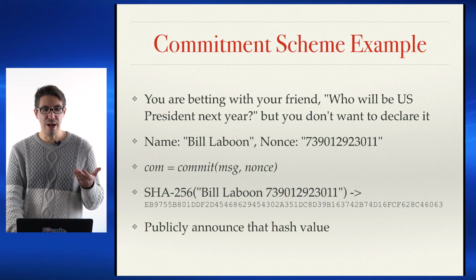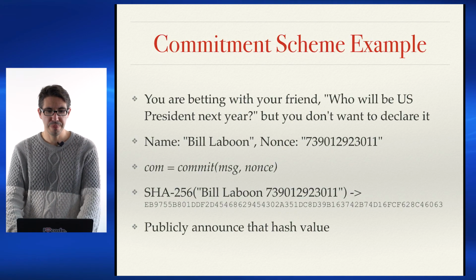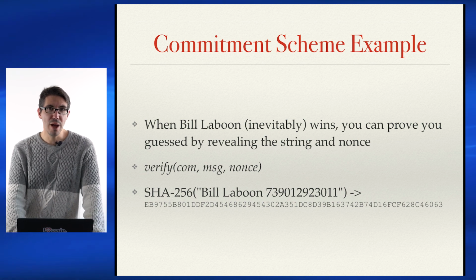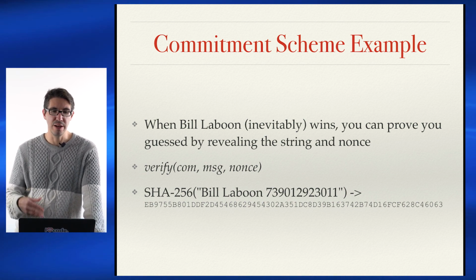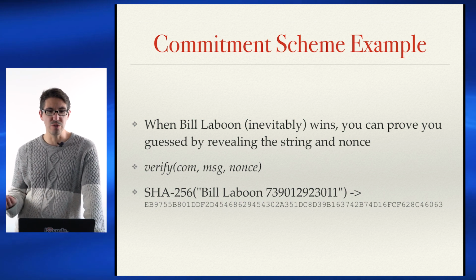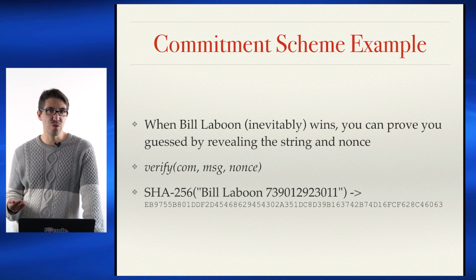So hopefully the only one who is going to be able to, in all practicality, reveal what this hash was hiding is you, assuming you store your guess and the nonce. So when, of course, Bill Laboon wins, and you are going to prove to everyone that you knew it, you can reveal the string and the nonce.